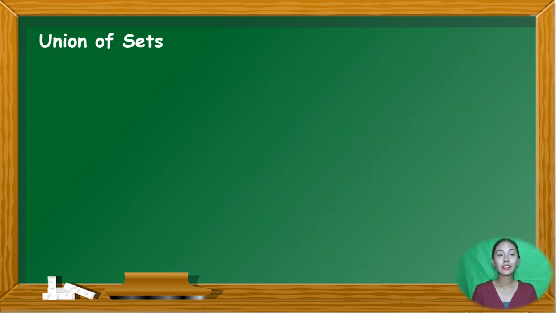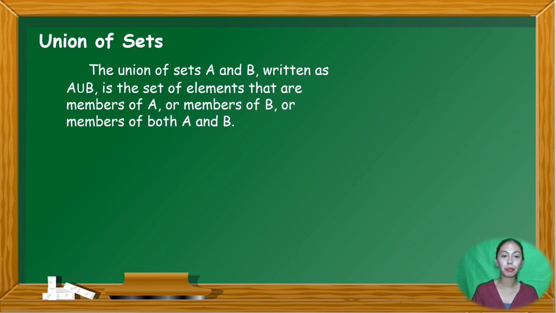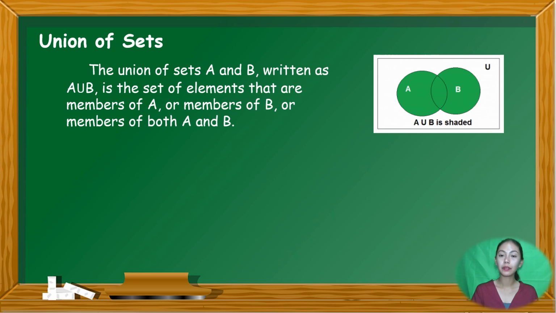Okay, now let us discuss thoroughly the union of sets, and I will give you some examples of this one. Okay, so the union of sets A and B, written as A union B, is the set of elements that are members of A, or members of B, or members of both A and B. So if you're going to draw a Venn diagram, it's showing the universal set and the two sets.